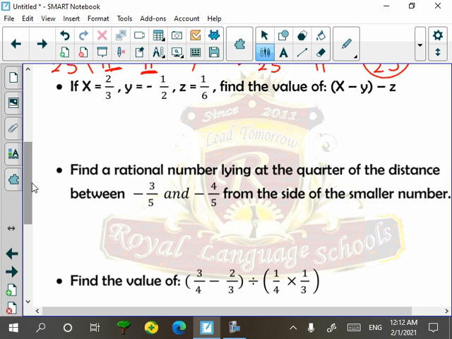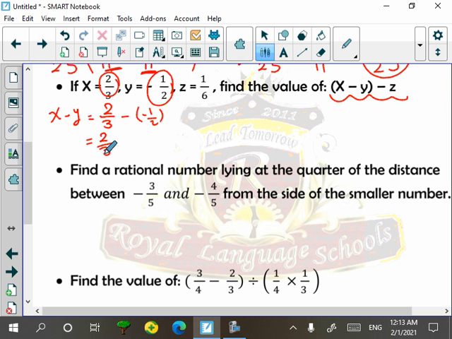You can solve it in many ways, like x minus y equals 2/3 minus negative half, then 2/3, the negative and the negative will be positive, then 2/3 plus half.